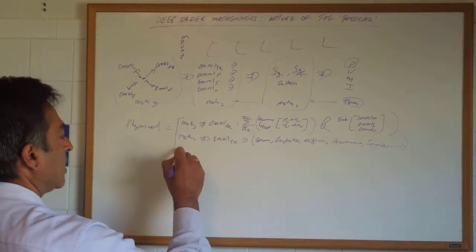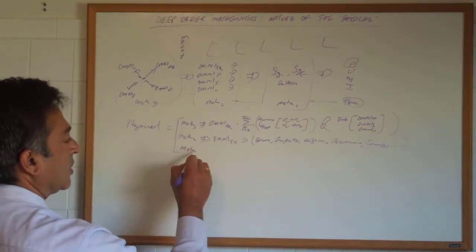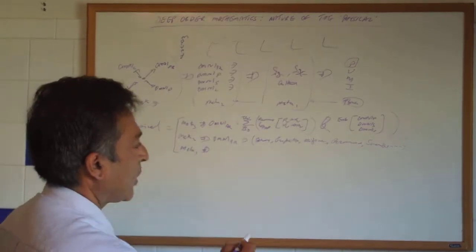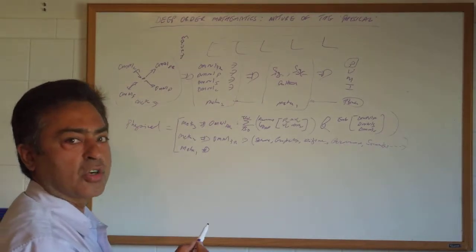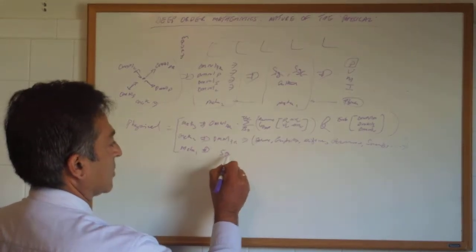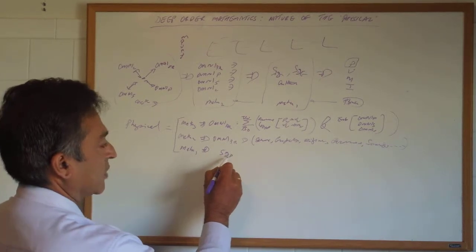And then at the immediate meta level 1, we had a signature, which I'd say is the signature of P, the physical.